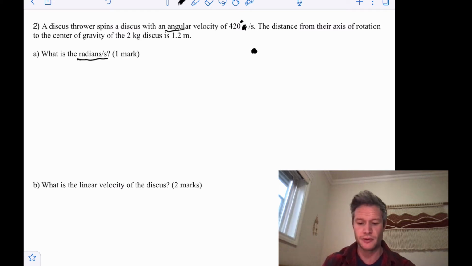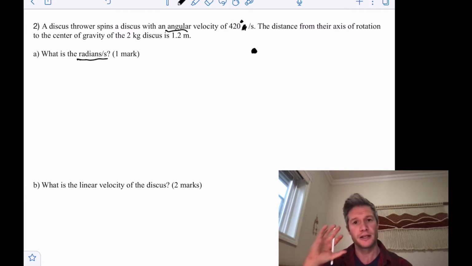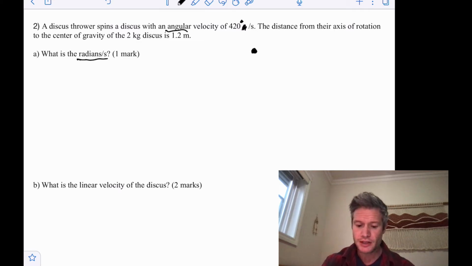So again, we were cued up by seeing angular velocity, so we're thinking rotational kinematics of some sort. They give us the angular velocity, which is 420 degrees per second. So we can write that down over here. Angular velocity, 420 degrees per second, just to know that we have that.